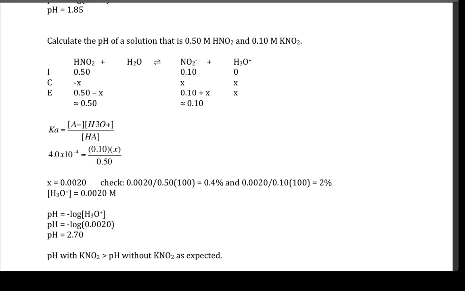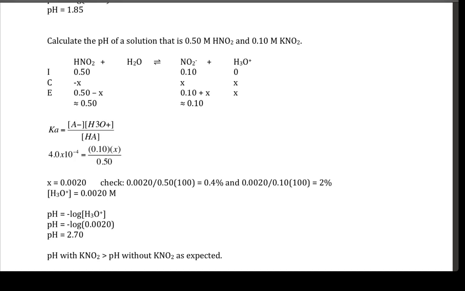So we have x coming out to be 0.0020. We do our check. We check our x with respect to each one of those we dropped it with respect to. The 0.50 and the 0.10, they're both less than 5%.